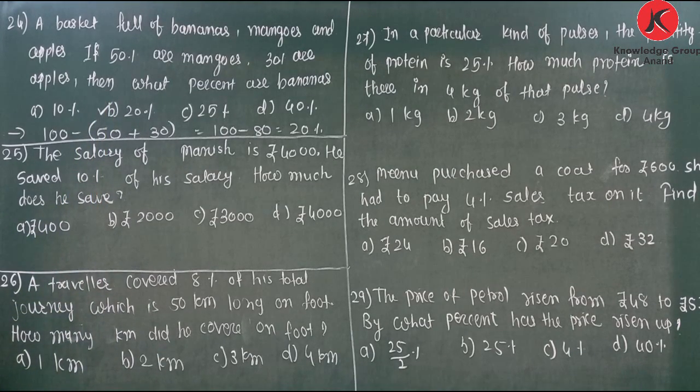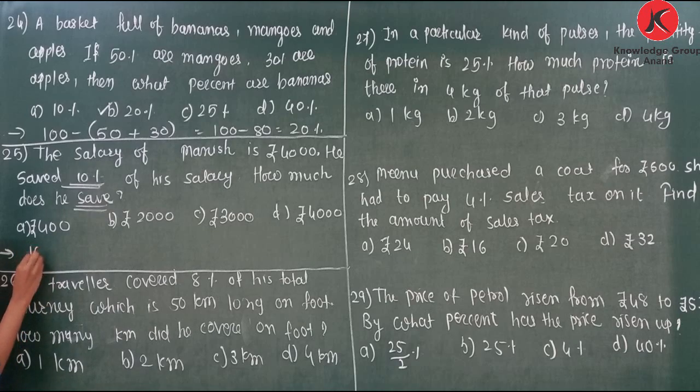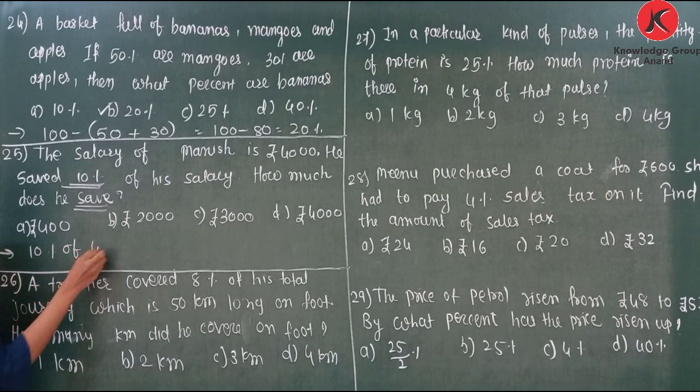The salary of Manish is rupees 4,000. He saved 10% of his salary. How much does he save? So here save percentage is given and we need to find the saved money. So we can write 10% of 4,000.